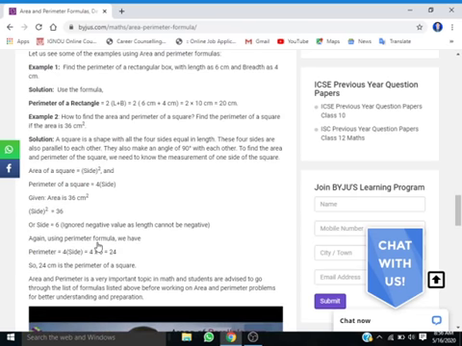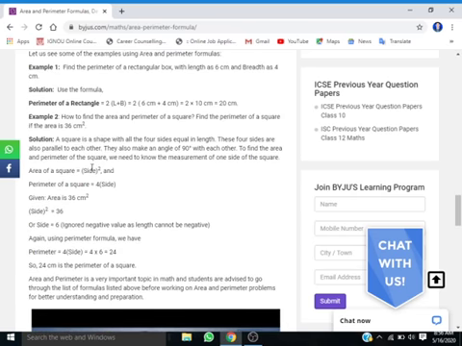In the second example, find the perimeter of a square if its area is 36 cm square. You have to write the formula and equate the given numerical data. What is the area of a square? Side squared. Perimeter of the square is 4 times side. Area is given, so side squared equals 36. Then side equals the square root of 36.